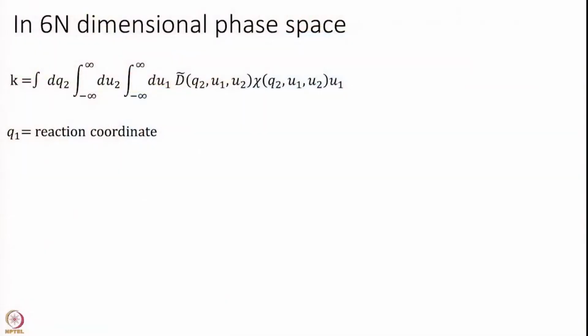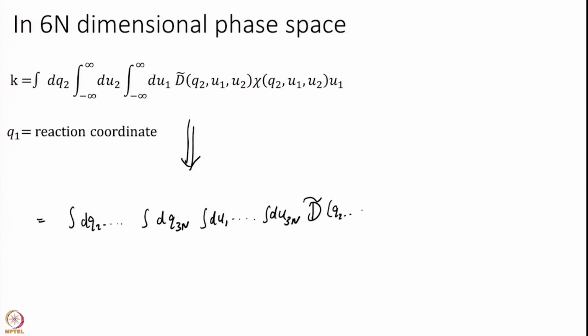So, in short, this is the formula I had in 2D. I take this formula and I generalize it. I integrate from dq2 to dq3n and I integrate over all speeds, of the density of Q2 to Q3n, U1 to U3n, times chi of Q2 to Q3n, U1 to U3n, times U1.